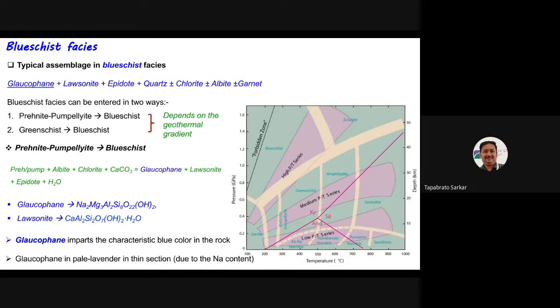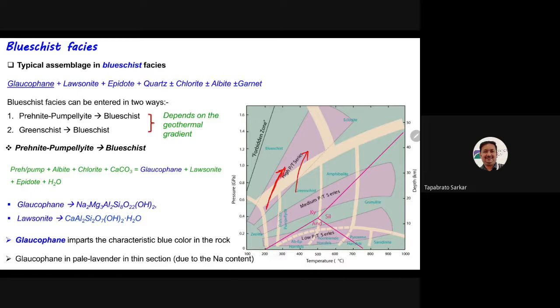Okay. So as I said, the majority of the metamorphic rocks are within this medium pressure by temperature, but obviously blueschist and eclogites also are very relevant metamorphic rocks in terms of understanding global tectonics. Okay. So if you look at the blueschist facies along a high P by T series, depending on the geothermal gradient, you can enter from the prehnite-pumpellyite facies, or you can enter from the greenschist facies as well.